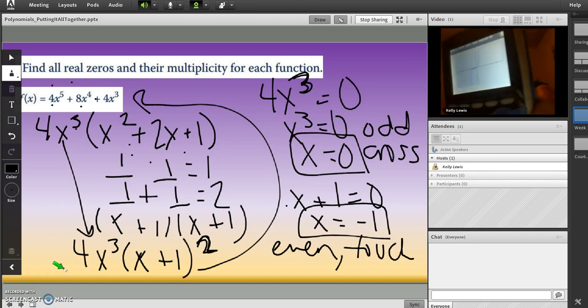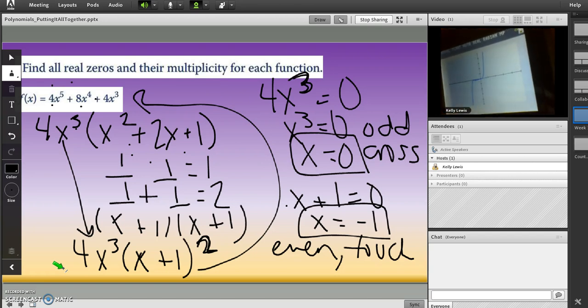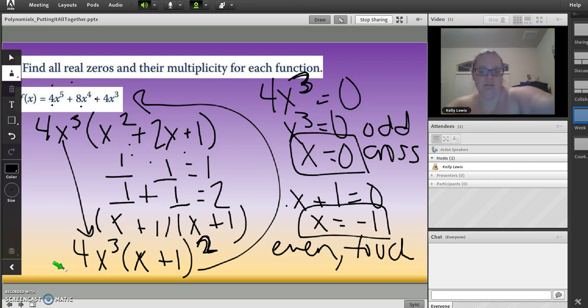There we go. And so you see at negative 1 it touches and turns around, and at 0 it crosses. And so that's what we learned, right?